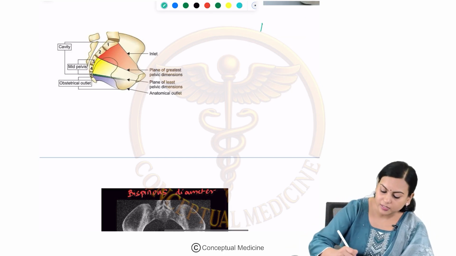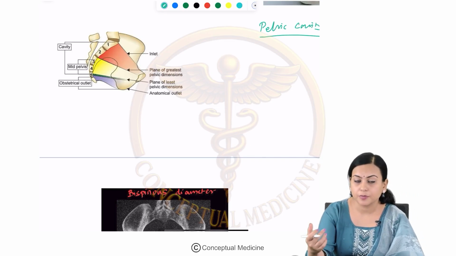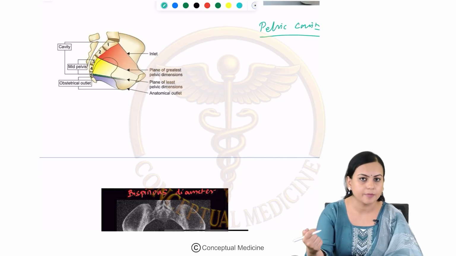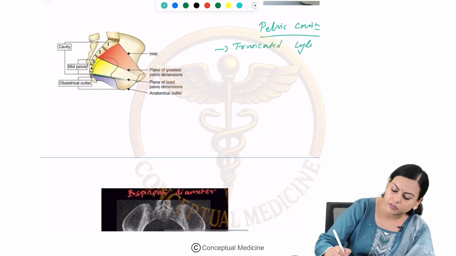Now we will go to the pelvic cavity. Pelvic cavity is basically the space that is located between the pelvic inlet and the pelvic outlet. It is a truncated cylinder shaped structure.